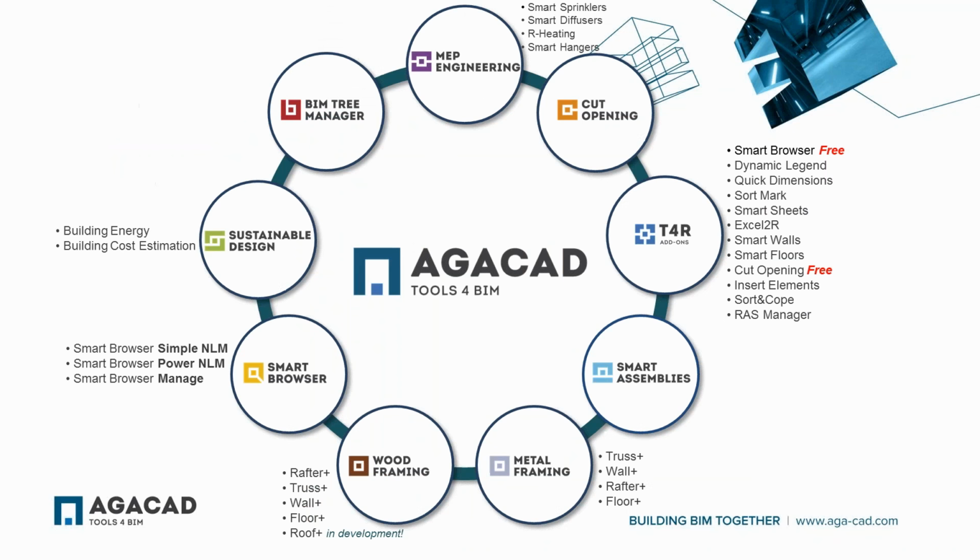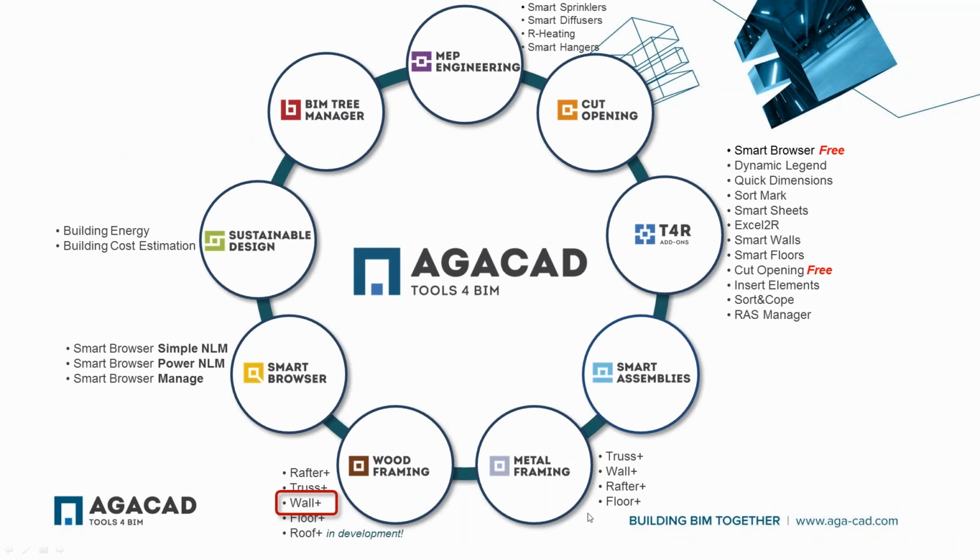So if we talk in general, there are a lot of different products which we have developed, and today we were talking about Wall Plus from the wood framing suite. But at the same time, we have the same story for the metal framing.